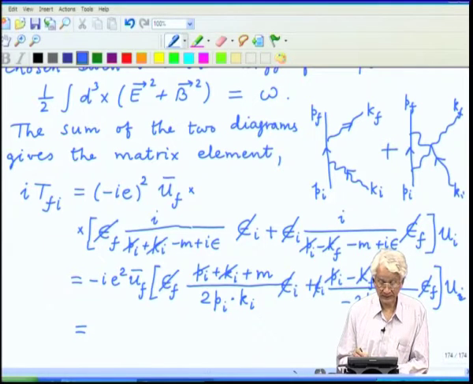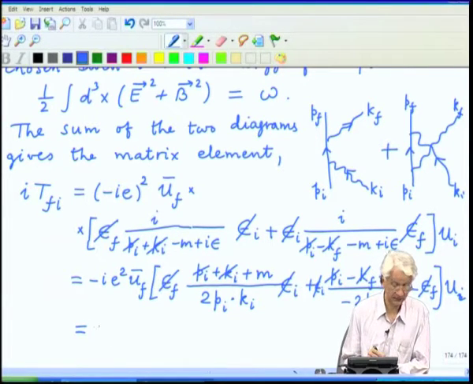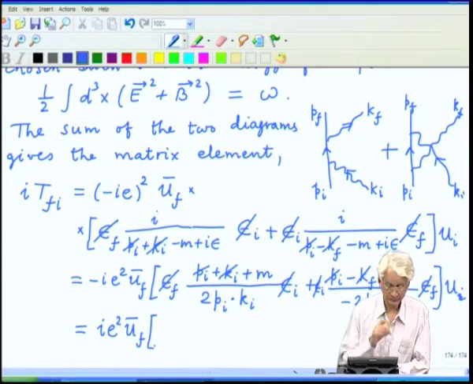So, let us see what that produces when epsilon i slash is commuted with k i slash. You get the object in the reverse order with a negative sign plus a dot product of epsilon i and k i, which happens to be 0 because the photon is transverse. So, we just get a negative sign. That negative sign can be combined with the negative sign outside, and we have the object which I am going to write down.